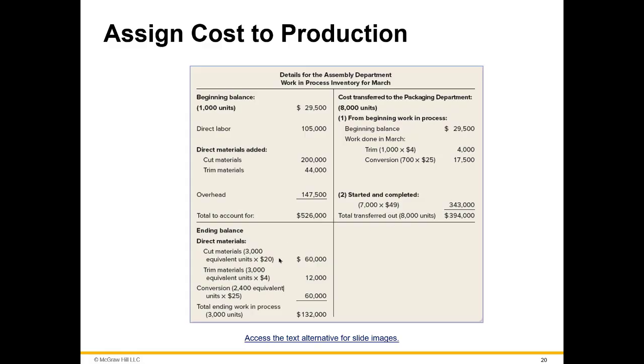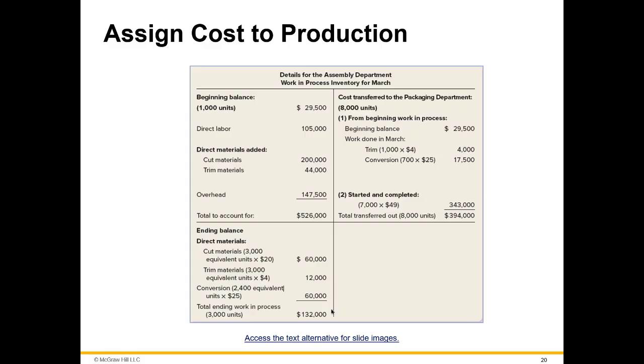Now, ending materials. We have 3,000 units, and they have $20 worth of cut materials, so 60,000. The trim materials, 3,000 units at 2,400, or 80% of the 3,000 had completed conversion, for 60,000. So we see this 394 that we transferred on.